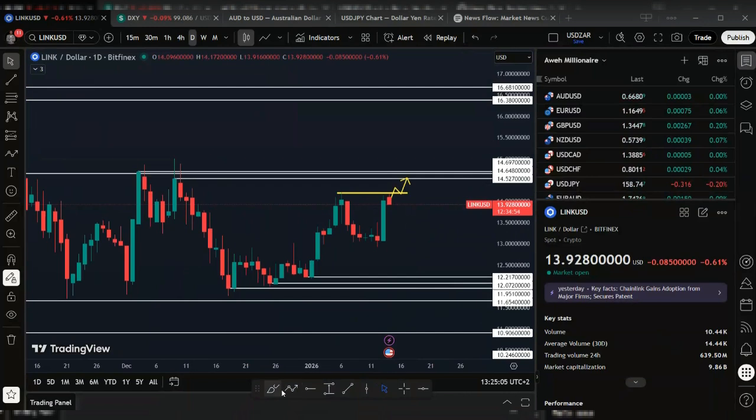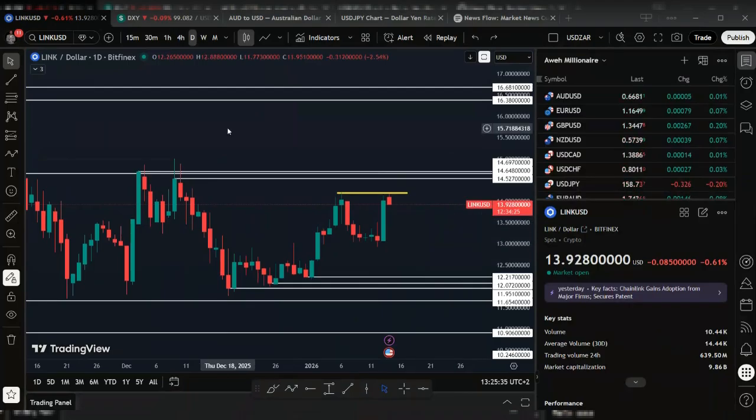However, if price fails to break above that high of the day, then we could see again a pullback in this bullish momentum, where price could continue to the downside or start a trend reversal, with the next key support at the 12.21 level on LINKUSD. So this is Link. Again, the key level here is the daily high or the intraday resistance for potential setups of where the direction of this move is going to be.